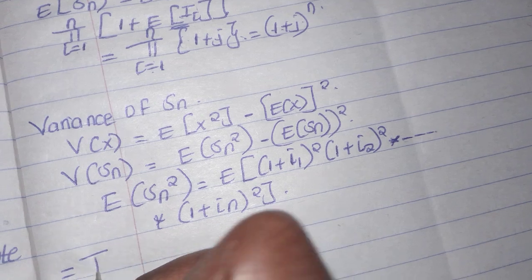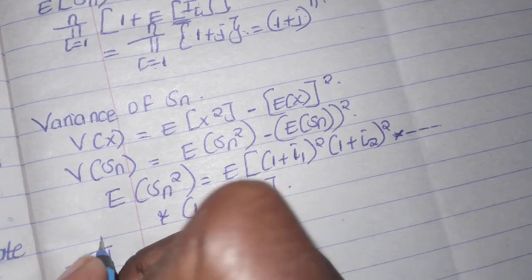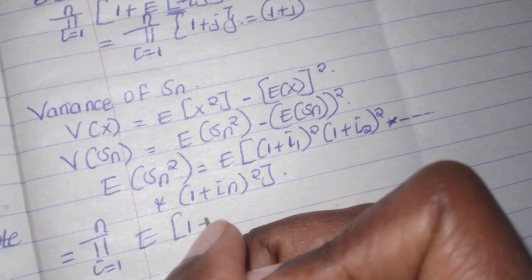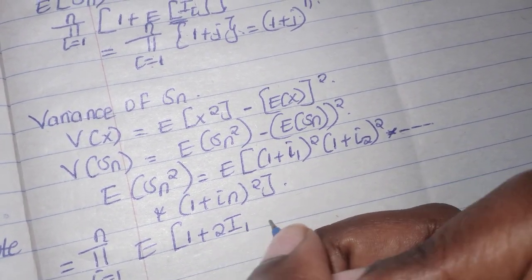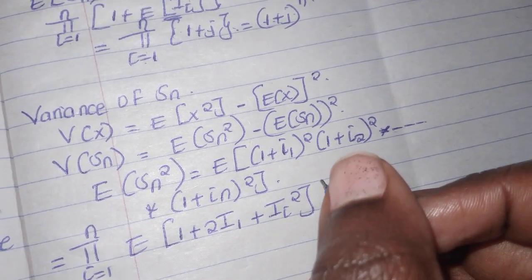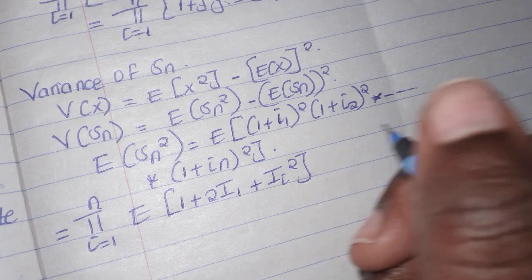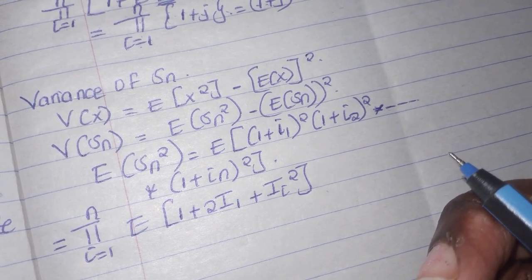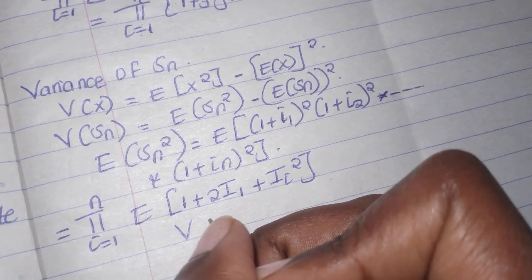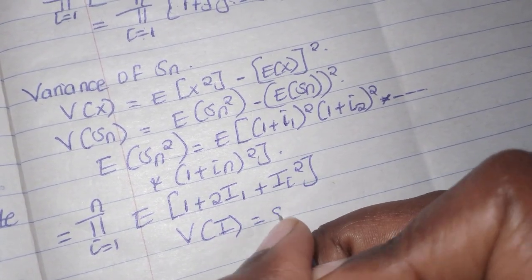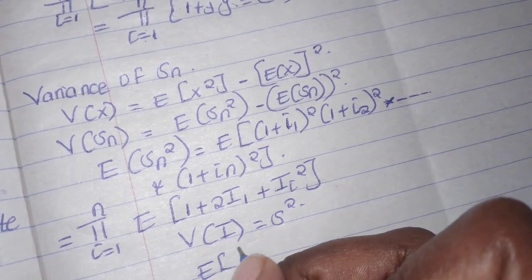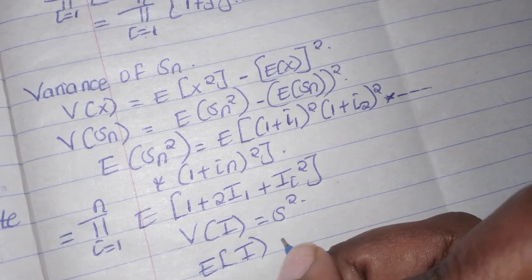So this is equal to the product as i runs from 1 to n of the expectation of 1 plus 2I plus I squared. And we know that the variance of I is equal to s squared, and the expectation of I is equal to j.